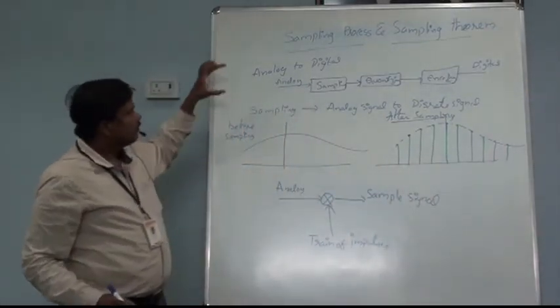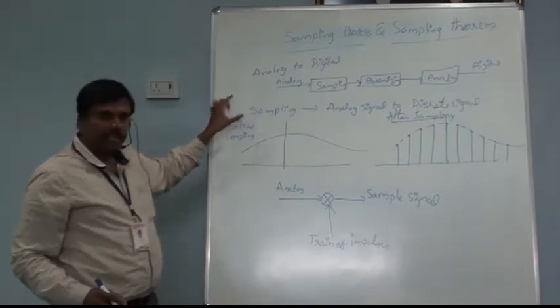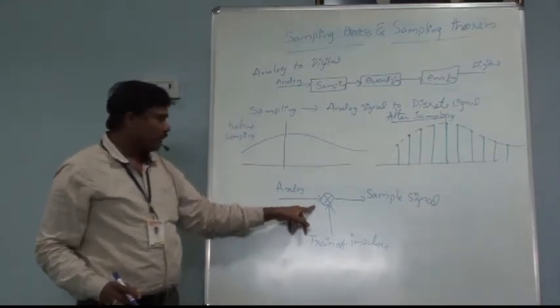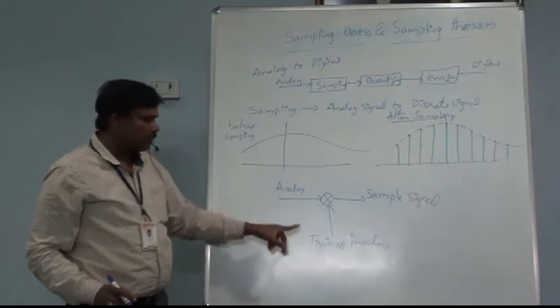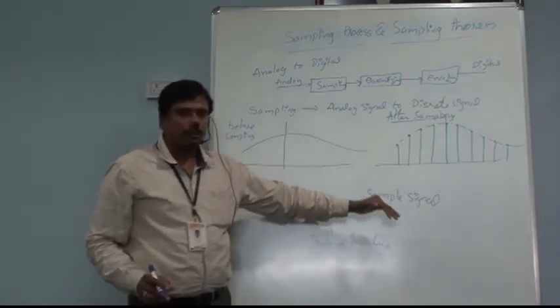So in the sampling process, we are taking a multiplier, and for that we are giving an analog signal as well as a train of impulses, and the output will be equal to the sampled signal.